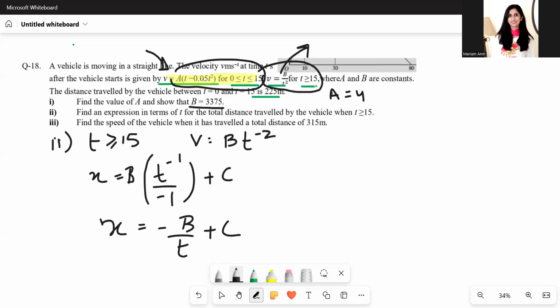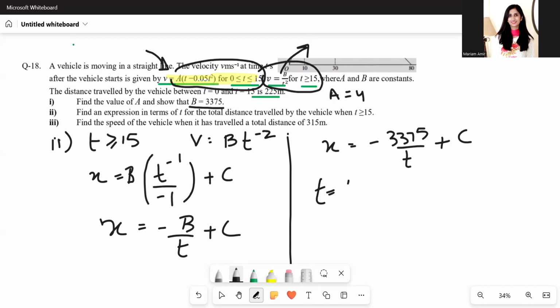We have the value of b. So x equals minus 3375 upon t plus c. Okay, now we need a value of c. We know when time is equal to 15, the distance covered would be 225 from here. It had said that at time equals 15, the distance covered was 225.